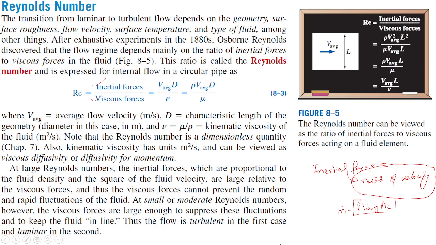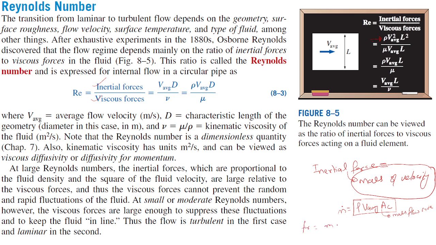Here, what we are going to write is about the inertia force. If you see the black box, what is written here, your inertia force is rho V square, that is V average square, and L square. This represents the inertia force. This represents only the mass flow rate. Force is equal to what?